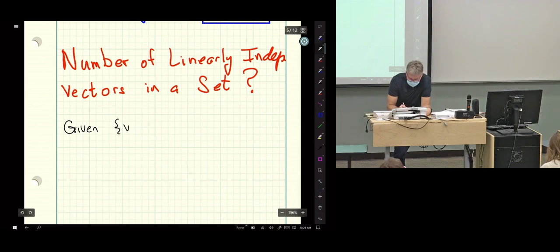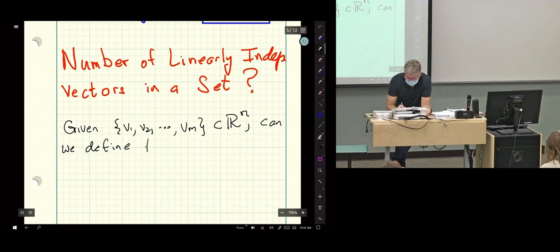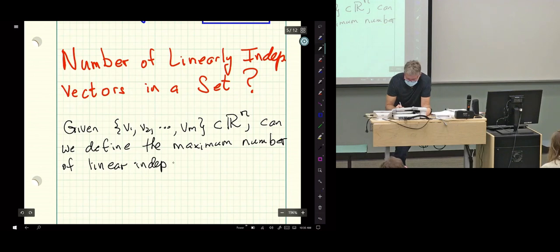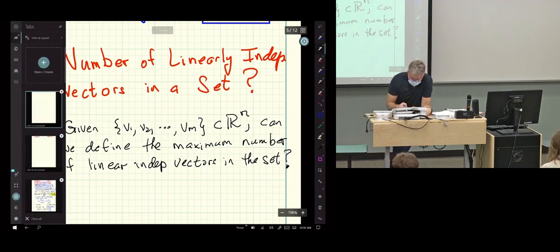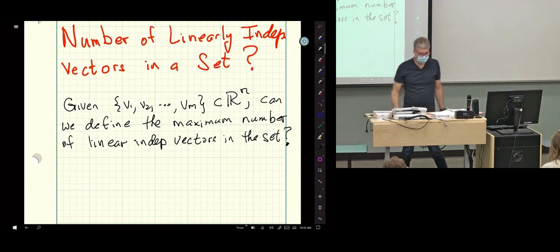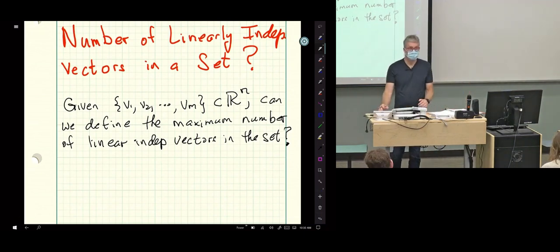So if I give you, say, V1, V2, and our proverbial VM vectors in Rn, can we define the maximum number of linearly independent vectors in the set? Okay, so that's the question.